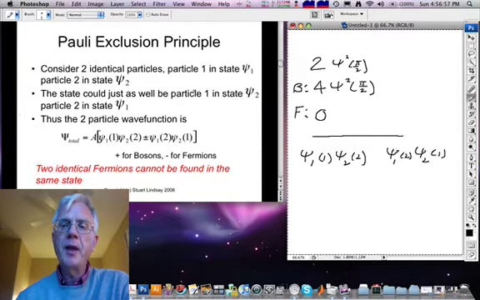And then our only task is to add those two combined probabilities together, but bearing in mind they might be fermions or bosons, we'll have to use a plus or minus sign.